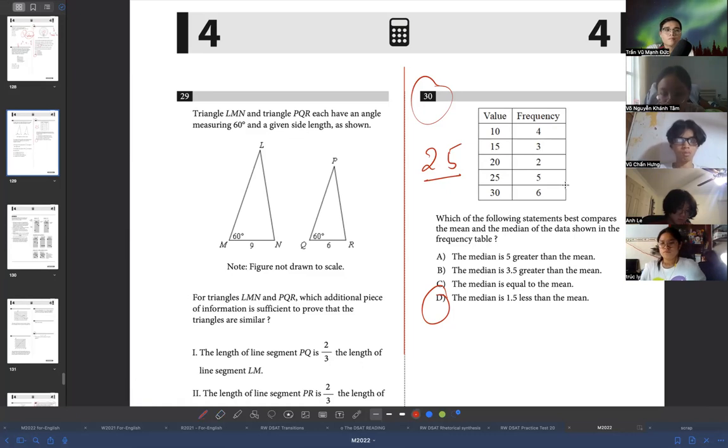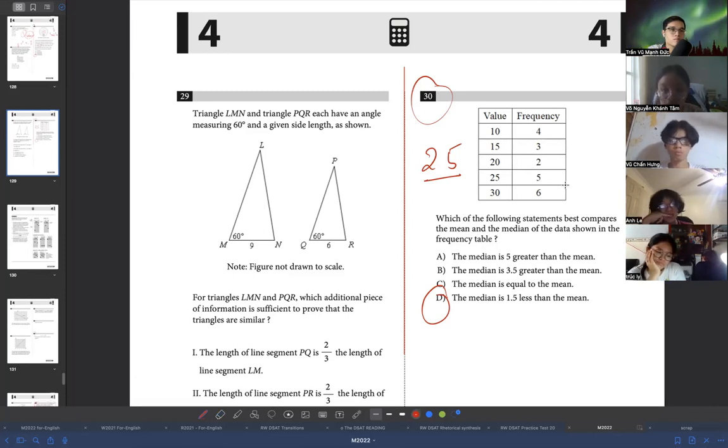Wait, I miscalculated. I have 21.5 now. Okay, exactly. 21.5, exactly.